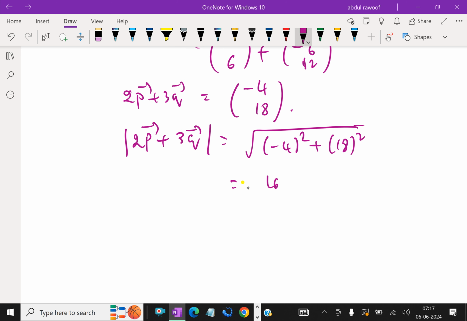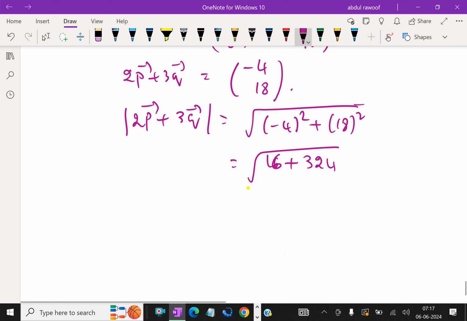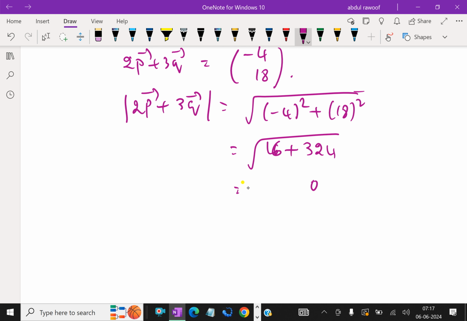Minus 4 whole squared is 16 and 18 squared is 324, so the sum is 340. The square root of 340 is approximately 18.44 length units.